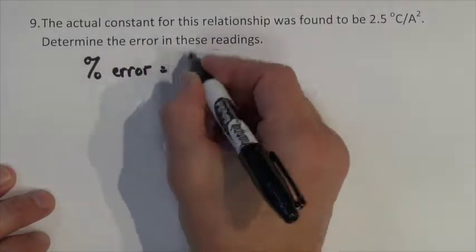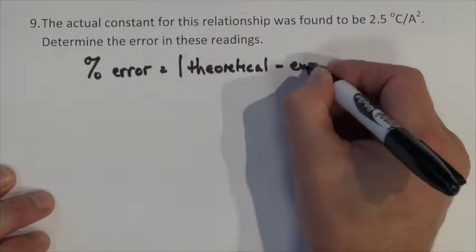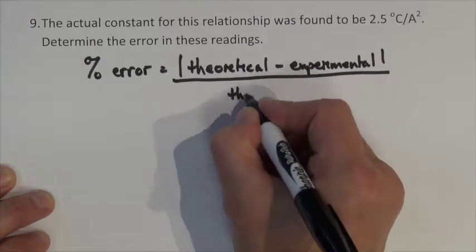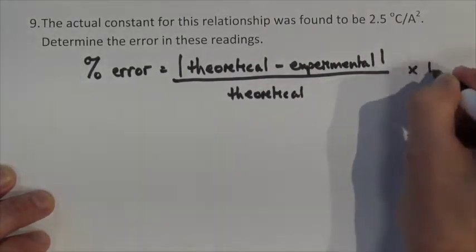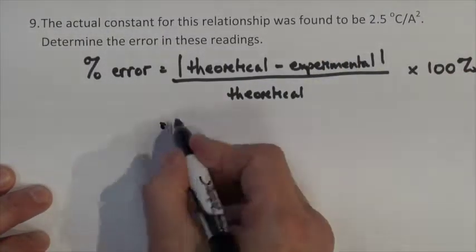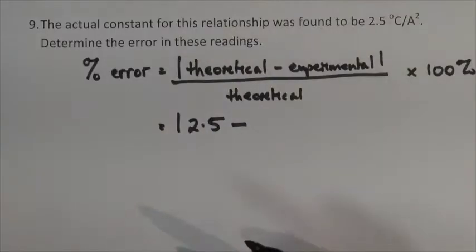So to work out the error, I do the theoretical value minus the experimental value, divide that by the theoretical, and times by 100, turning it into a percentage. So I know that my theoretical is 2.5. I know that what I've experimentally worked out from my value is 1.6.